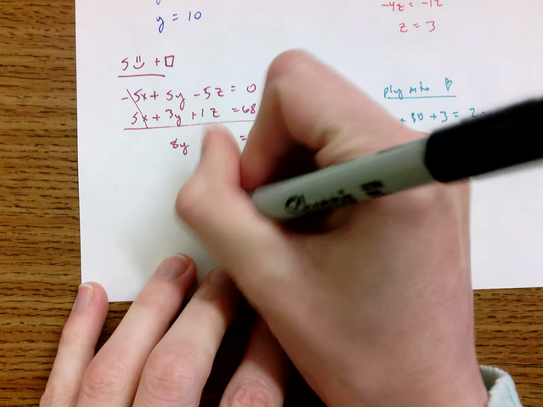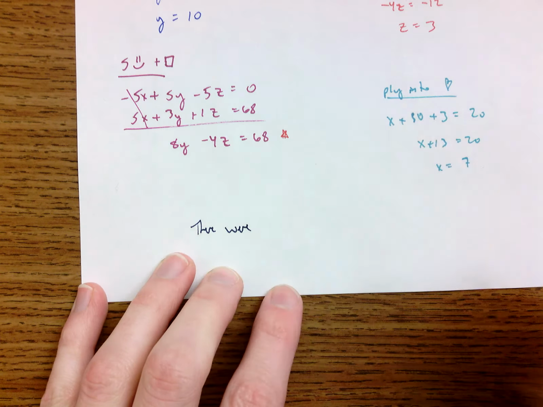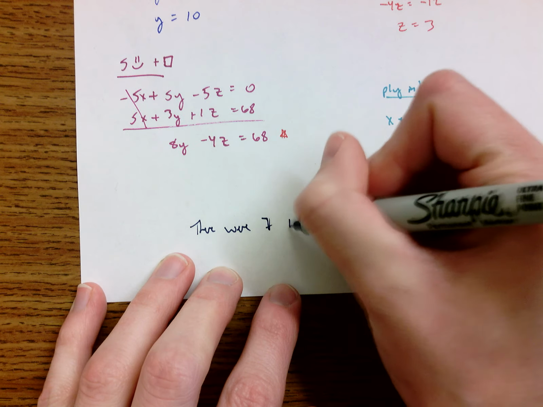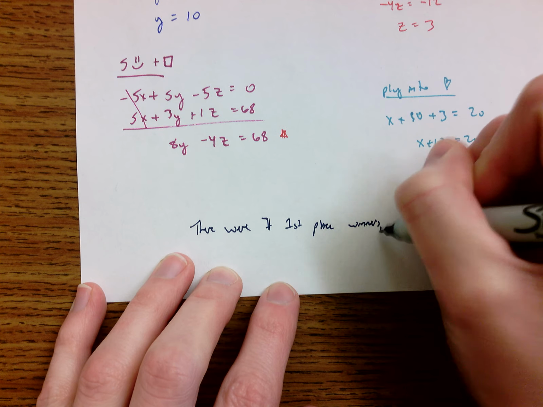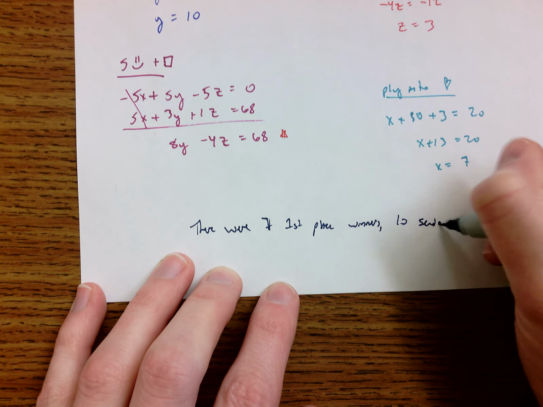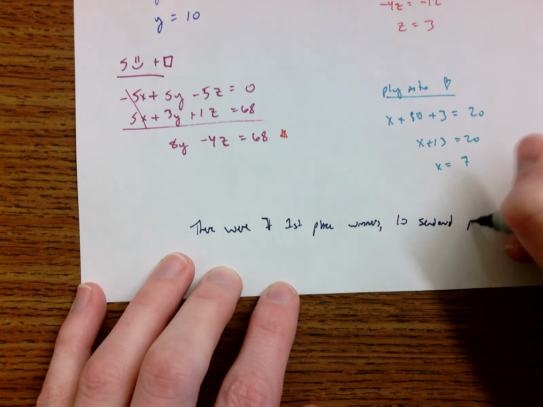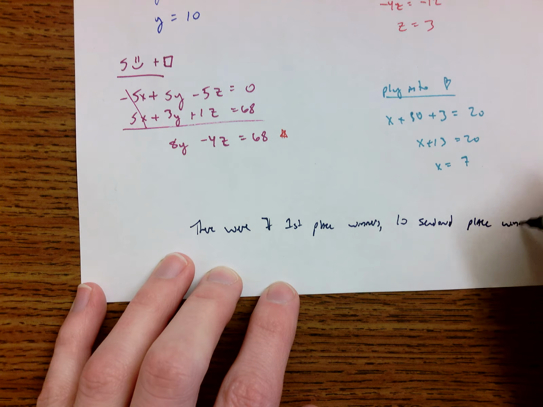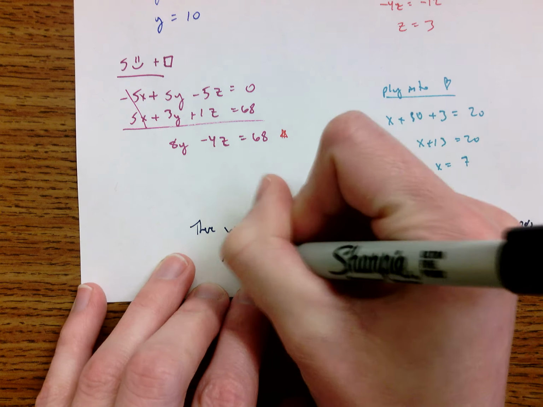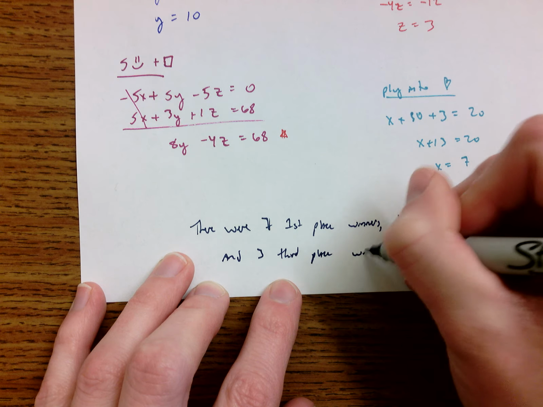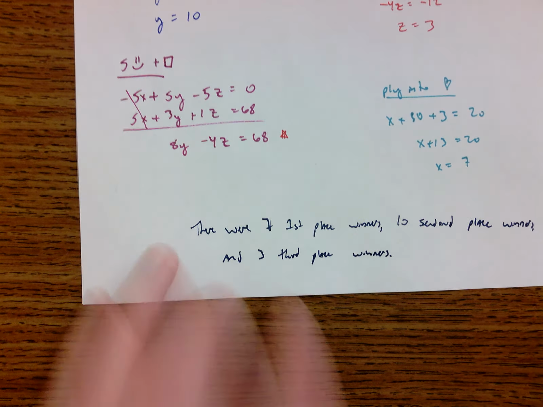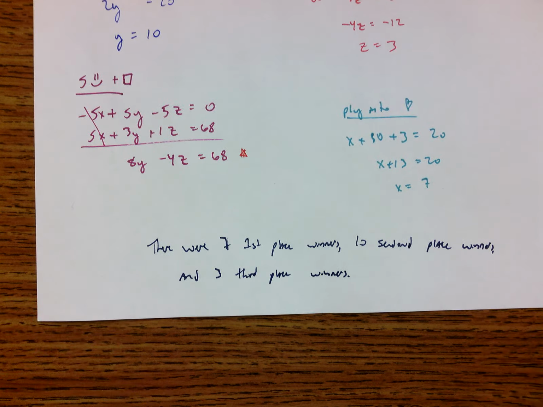Okay, so there were 7 first place winners, 10 second place winners. I totally spelled that wrong. And 3 third place winners. And there we go. Okay, so that is what we are looking for with these guys.